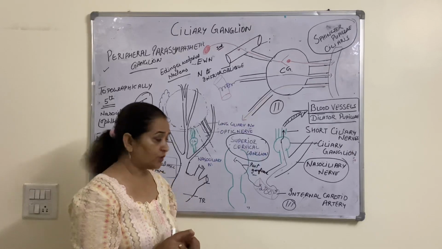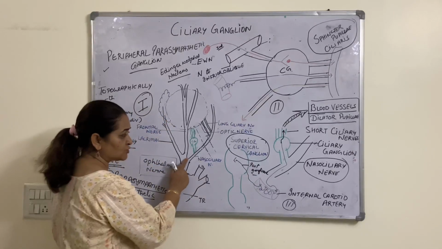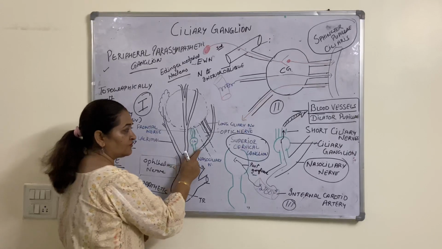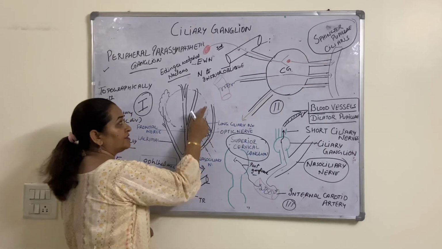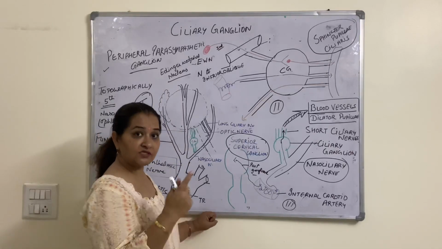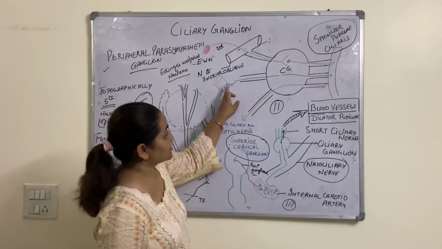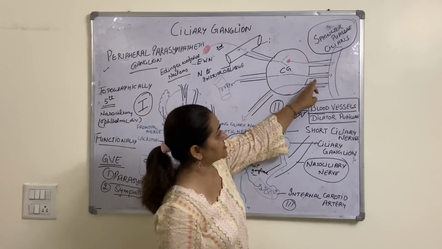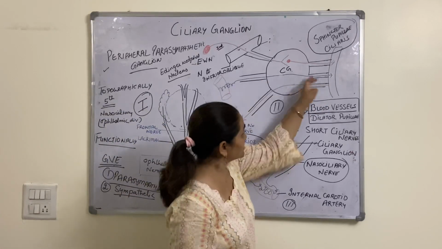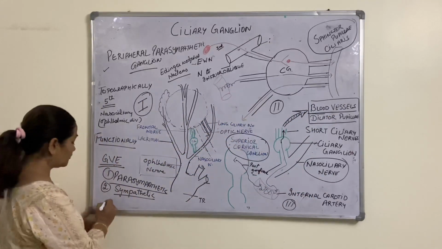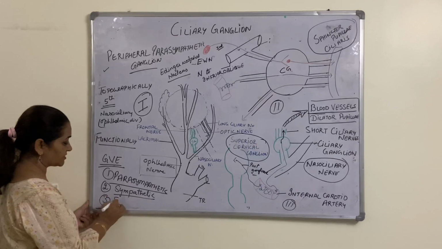Another alternative route is that the fibers enter the nasociliary nerve and, instead of passing through the ganglion, they go through the long ciliary nerve to reach the dilator pupillae. So this is another pathway. In this case, you can see the fibers pass unrelayed, and they just pass through the ciliary ganglion to supply this structure. Now the third route of the ciliary ganglion is the sensory route.